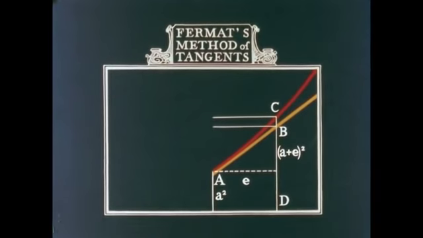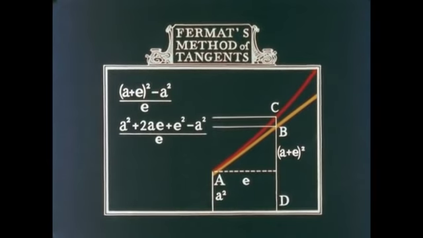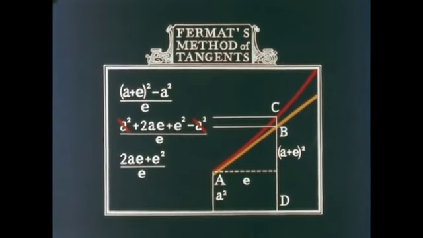So the slope is greater, but obviously not much greater, than (a plus e) all squared minus a squared, all over e, and that just gives this. Fermat simply dropped the e term.